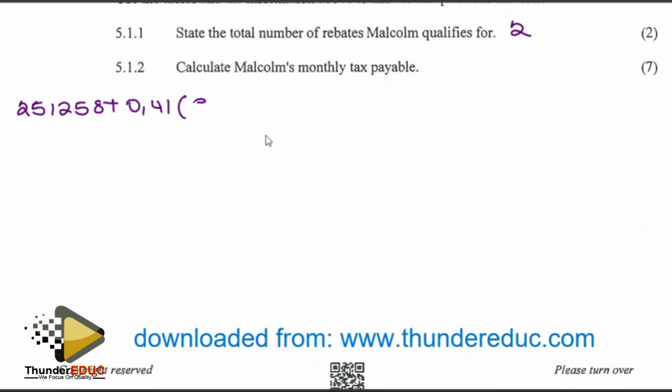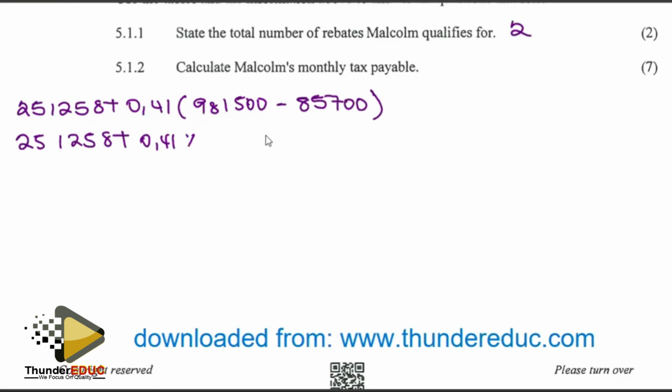We put the money earned in a year minus the value that we got from the bracket. Don't forget to simplify.